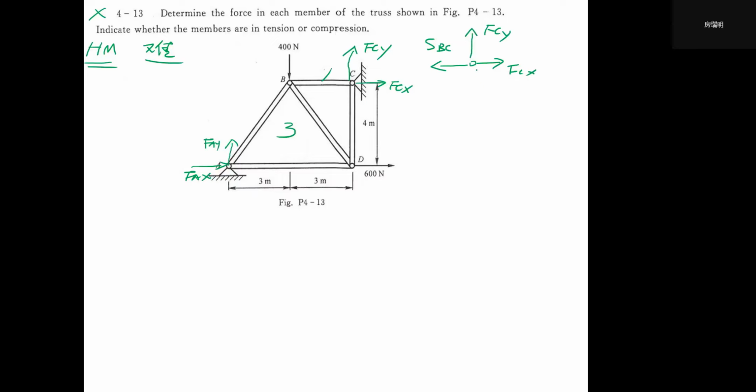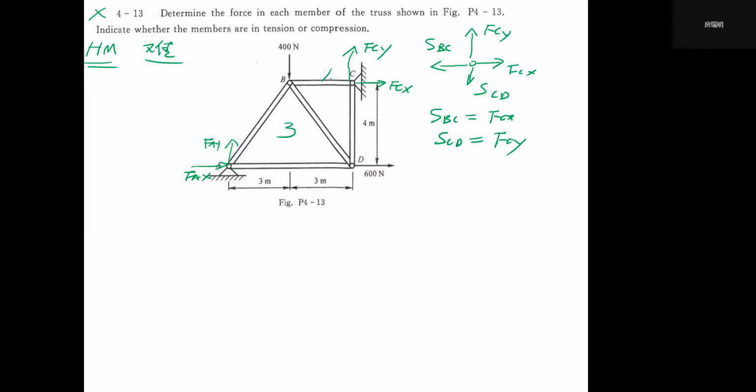And we can easily find that SBC equals FCX, and SCD equals FCY.